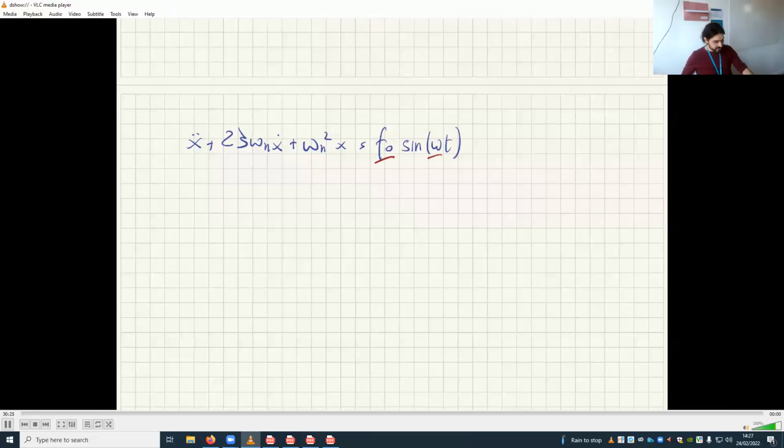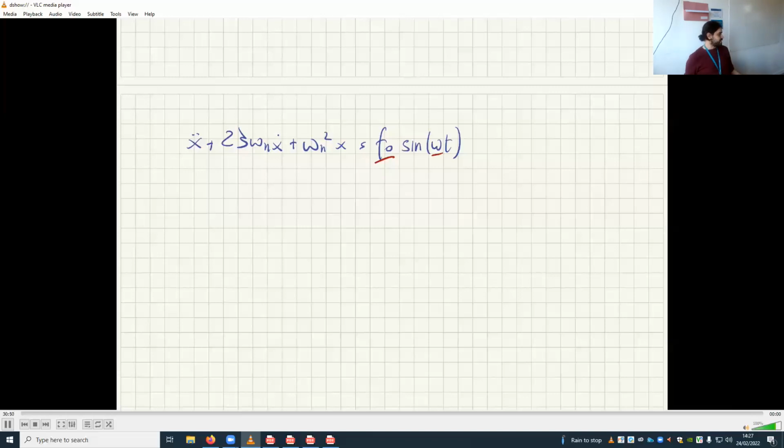Omega has got nothing to do with omega n. These two things are completely separate concepts. Omega n is a property of the system. Omega is a property of the external agent. So it doesn't have to be the same. It can be any omega.